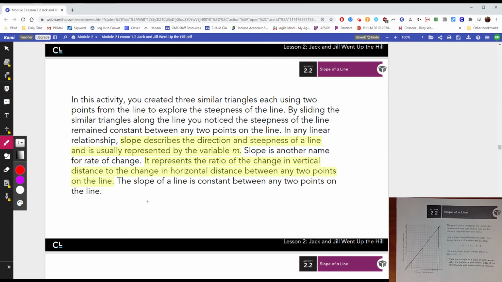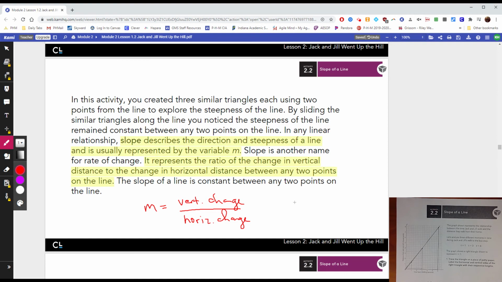So I want to just summarize slope here real quick. They said you use the variable m, and it is a ratio of vertical change to horizontal change. Vertical change compared to horizontal change.